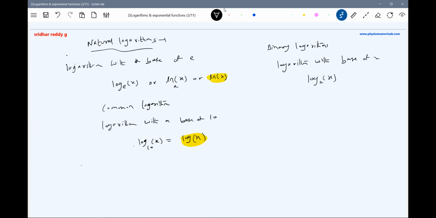This is widely used in digital electronics. The natural logarithm is used in mathematics. This is what we prefer in physics.